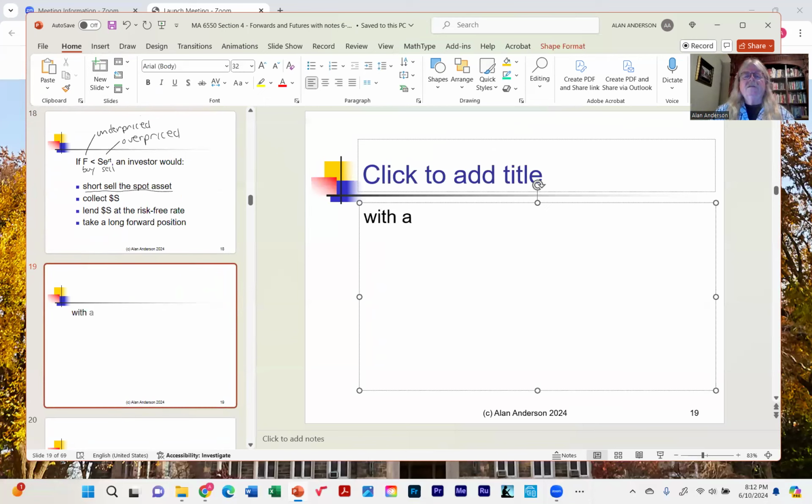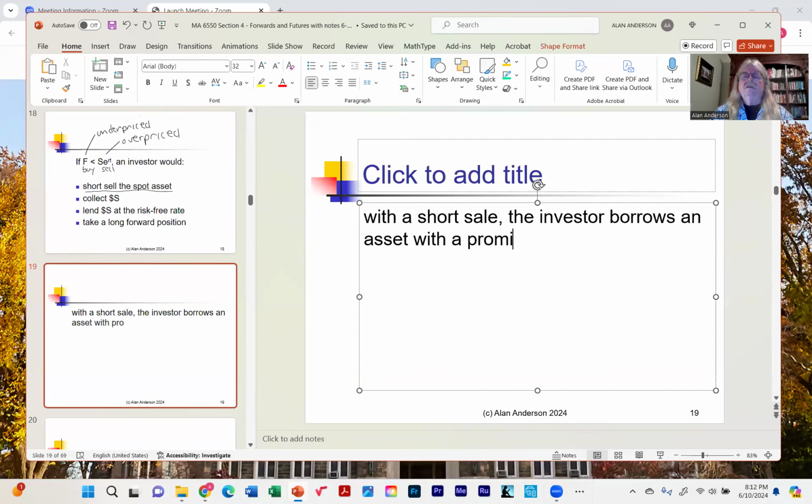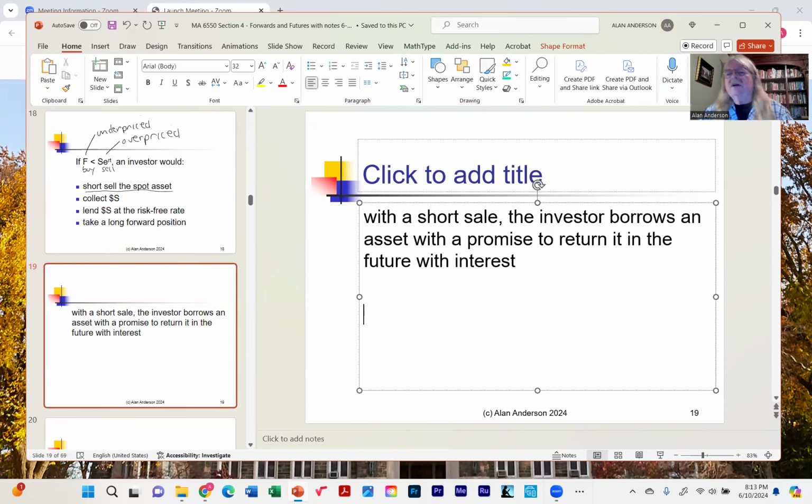With a short sale, the investor borrows an asset with a promise to return it in the future, probably with interest. Now why does anybody do this? What's the point?